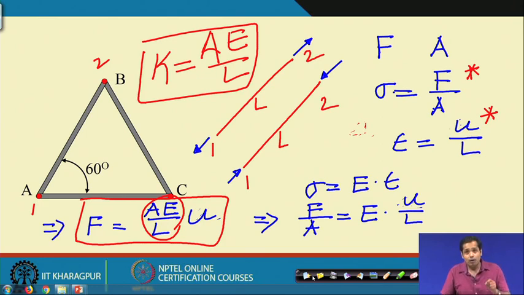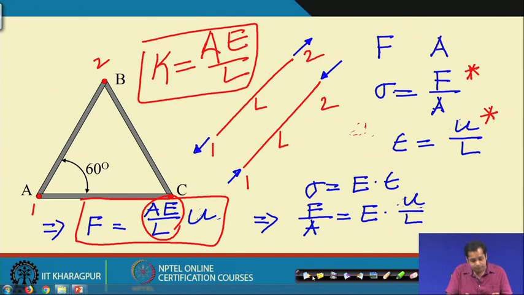What is important is which forces and which displacement components we consider in our analysis. What is U here? U is the change in length. If the original length is L and U is the change in length, the force is related to this change in length.